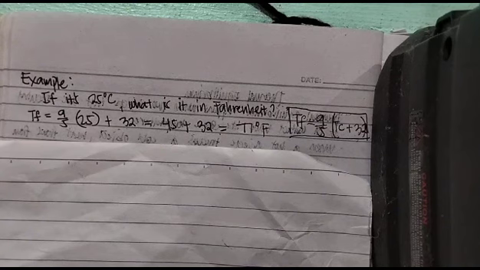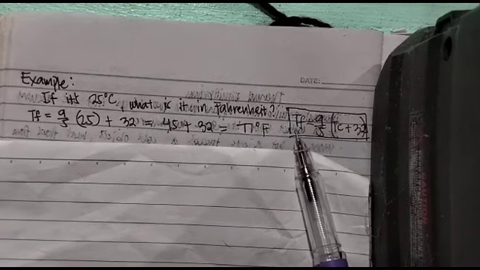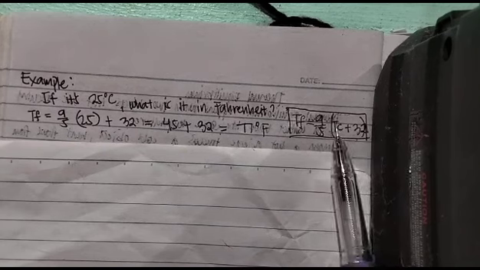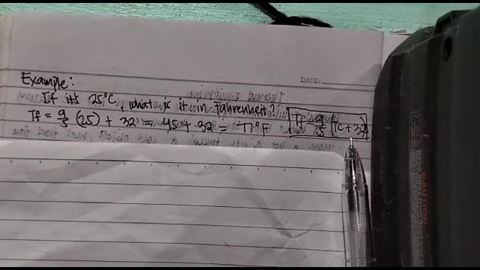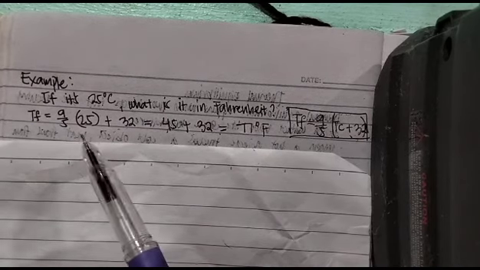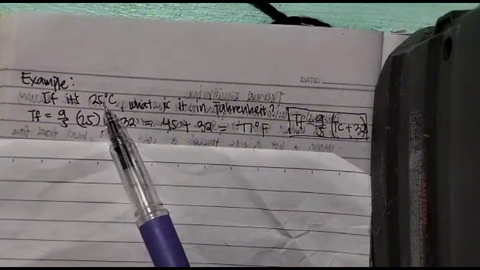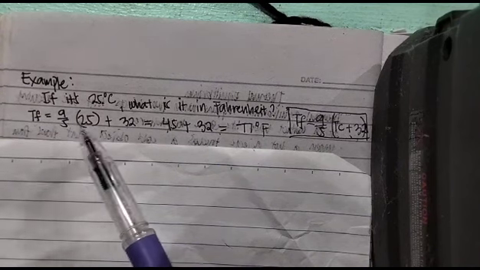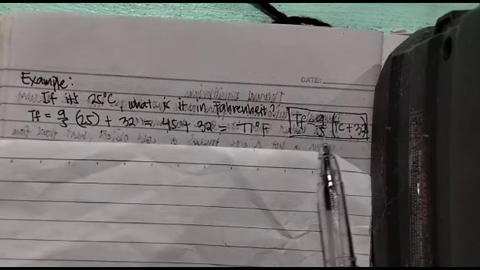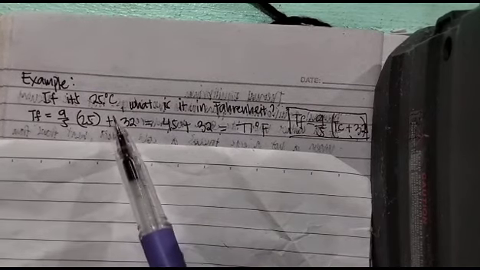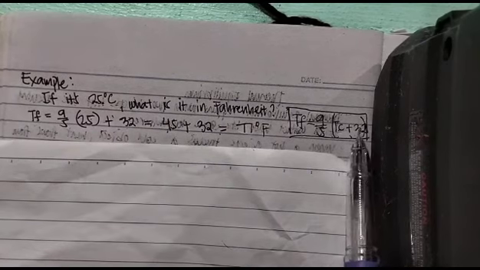Next, if it's 25 degrees Celsius, what is it in Fahrenheit? So what we're given is Celsius, then the formula that we will use is temperature in Fahrenheit equals 9 over 5 multiplied by the temperature in Celsius plus 32. So that is the formula we use now. So 25 is given, then temperature in Fahrenheit equals 9 over 5 multiplied by 25, plus 32.